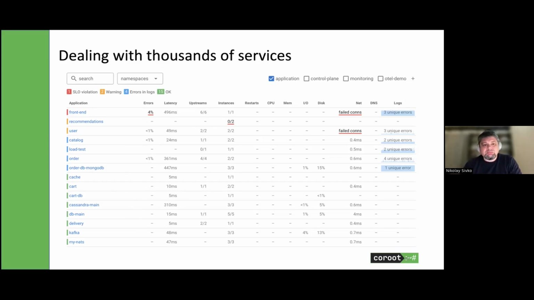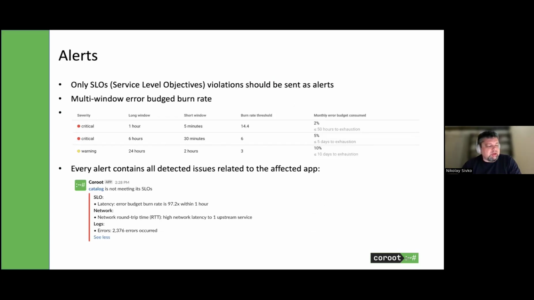And concerning alerts, I mentioned that we believe the only important thing to be alerted or notified about is SLO violations. We implemented Google's best practices in our product. We alert only on significant error budget burn rate. So only if we understand that this performance degradation is significant, do we alert our users.